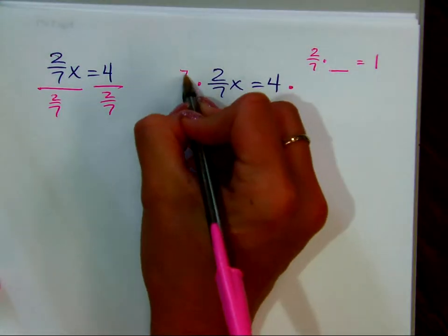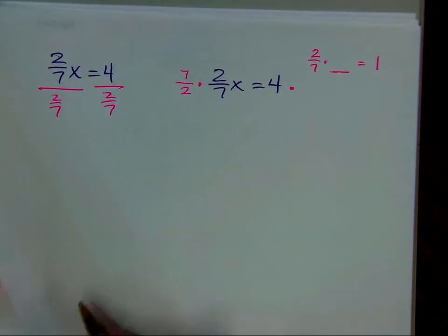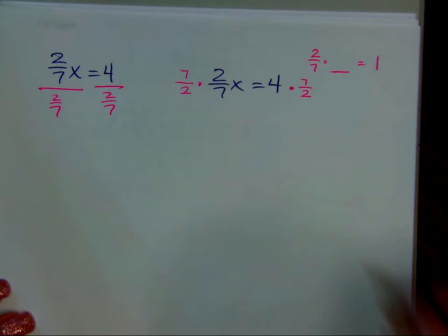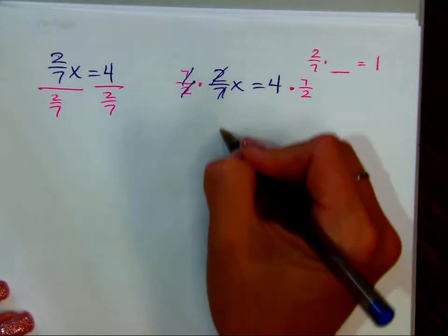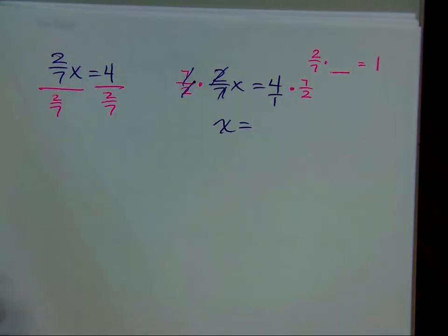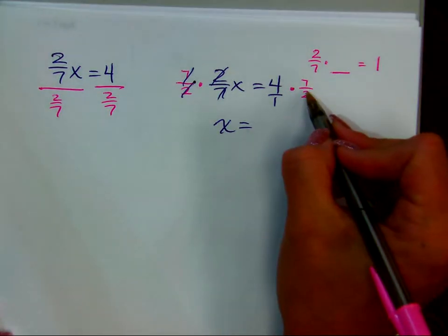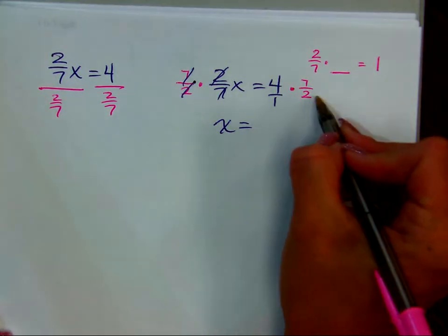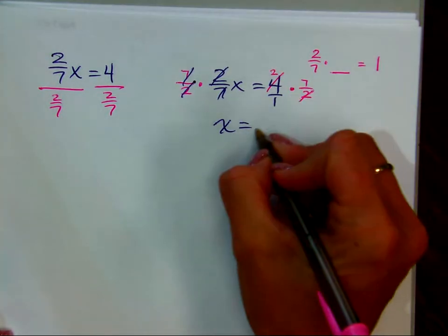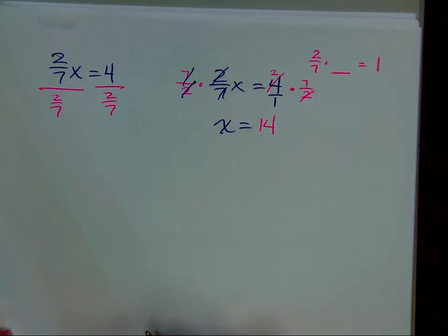Because essentially, remember, our goal is to isolate the variable, and in other words, make the coefficient 1. If you look at it as 2/7 times blank would give you 1, the only number that would work is the reciprocal of 2/7, which is 7/2. Keep your equation balanced. Here you can see that it cancels here and cancels here, which leaves you with your x.